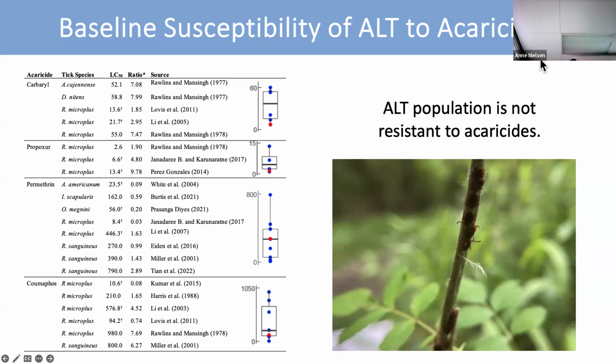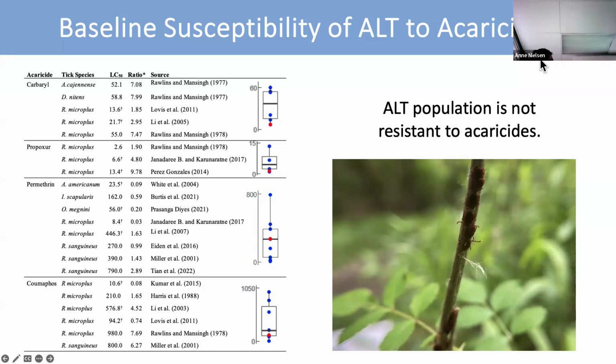So we cannot make those comparisons, but at least we can compare what we see in our population with other studies on ticks. These studies are limited in ticks, mostly done with Rhipicephalus microplus, which affects cattle, and with Rhipicephalus sanguineus, which affects dogs.